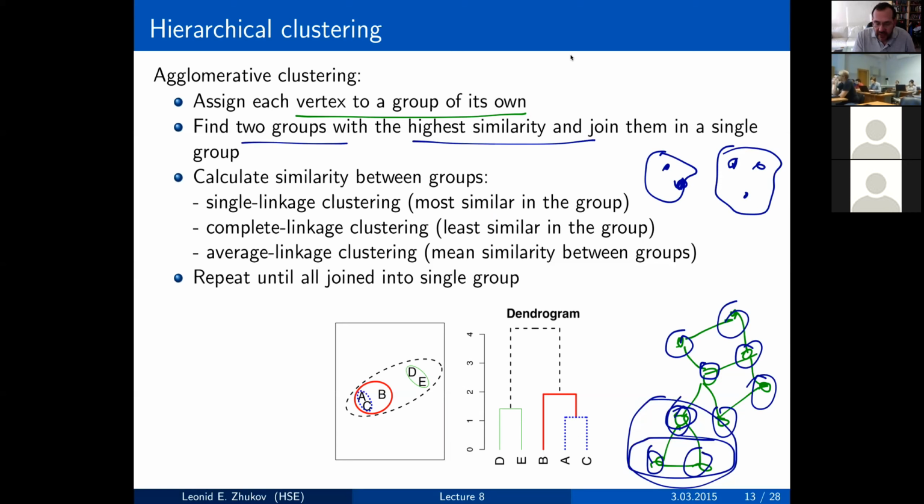With single linkage clustering, we select the most similar pair in the groups. If I think about projecting this into a low-dimensional space, the most similar will be the nearest nodes. Complete linkage is based on the similarity between the furthest away nodes, and average linkage means we take the mean similarity between groups, over all pairwise similarities.